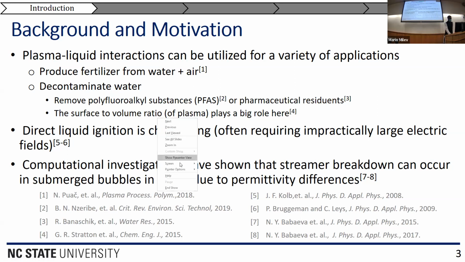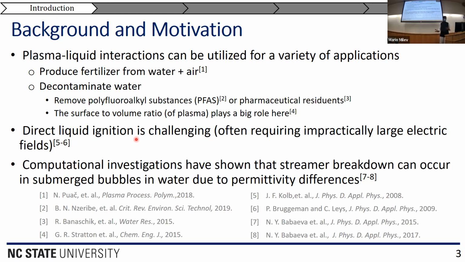For example, the initial motivating application looked at producing fertilizer from water and air, and then there's a multitude of applications looking at decontamination of water. With a lot of these applications, the surface to volume ratio of the plasma at the interface plays a big role, and so adding bubbles in could help to maximize that ratio.